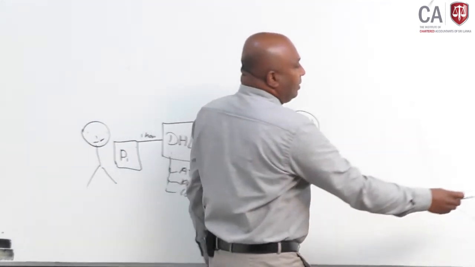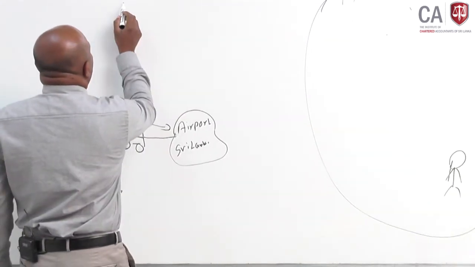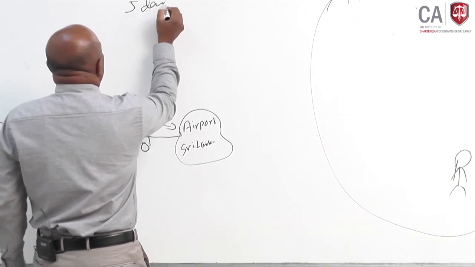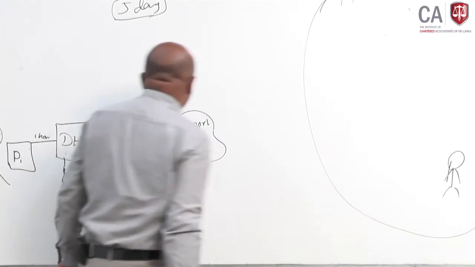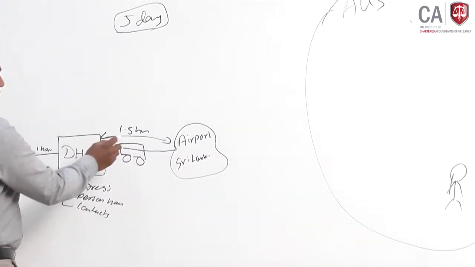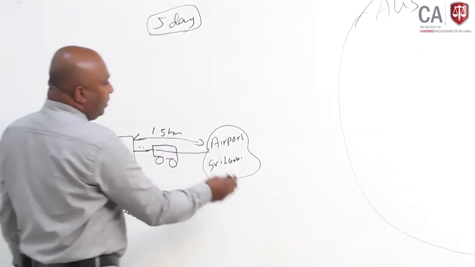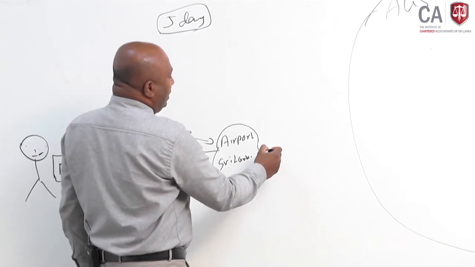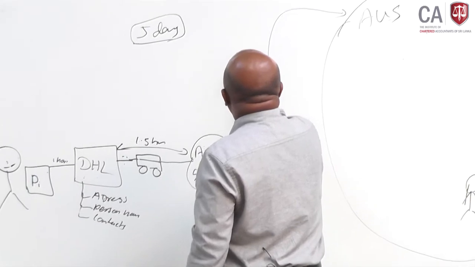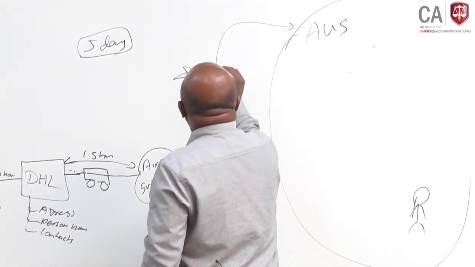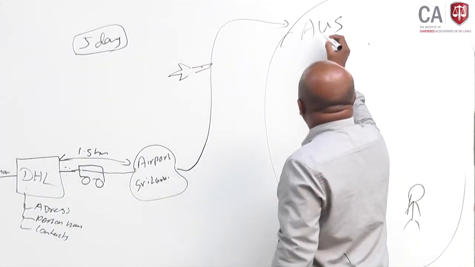Then within let us say 5 days, that product will be delivered to this person. Then it took 1.5 hours to the airport. From the airport, through the plane, it will be delivered to this airport.